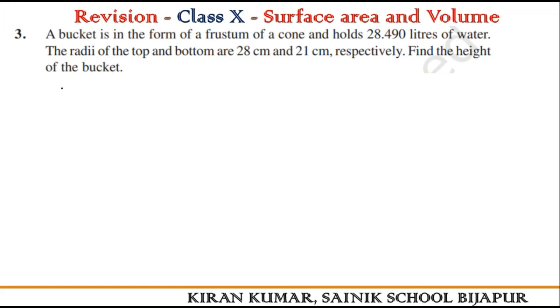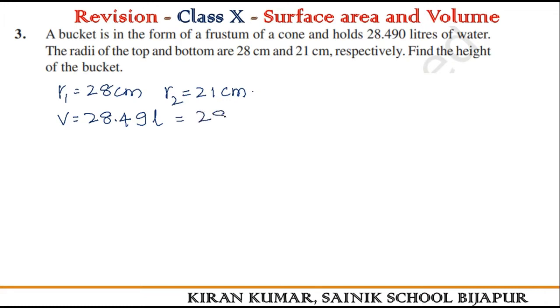Here they have given the radius of top of the bucket. I'll call it R1, 28 centimeter, and the radius of the bottom, which is 21 centimeter. They have also given the volume, and the volume of the bucket is 28.49 liters. Here if you observe, the radius is there in terms of centimeters, so I'll convert this in terms of centimeter.